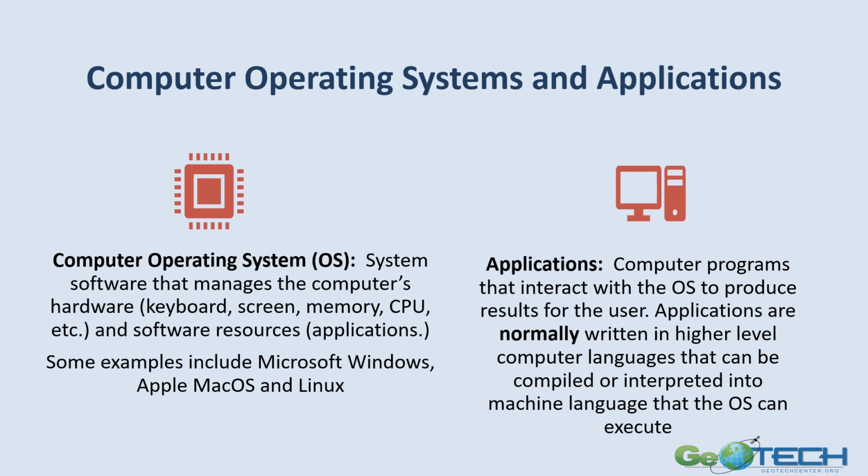Applications, formerly referred to as computer programs, interact with the operating system to produce the results to the users. They're normally written in a higher language than the compiled or machine code language, but we're going to talk a little bit about some of those too.